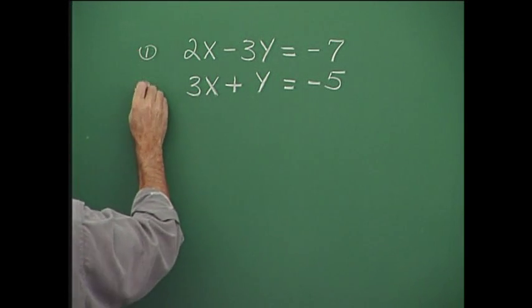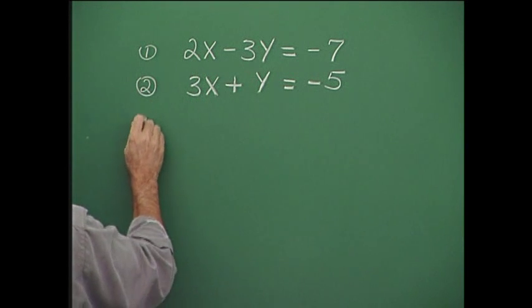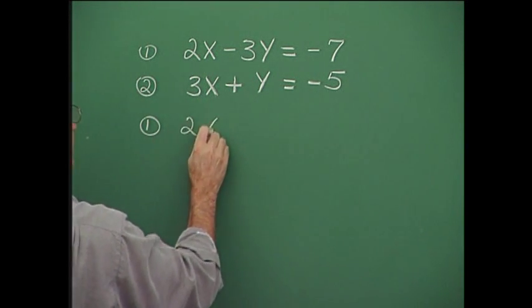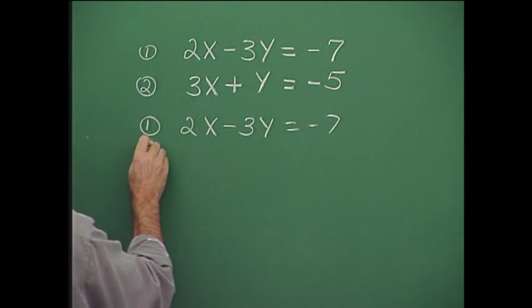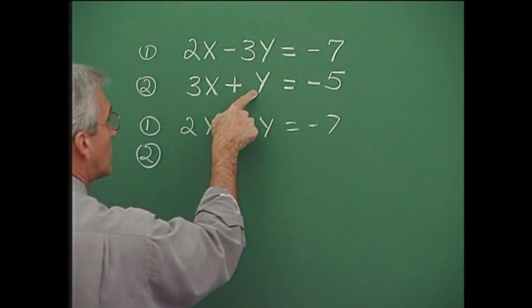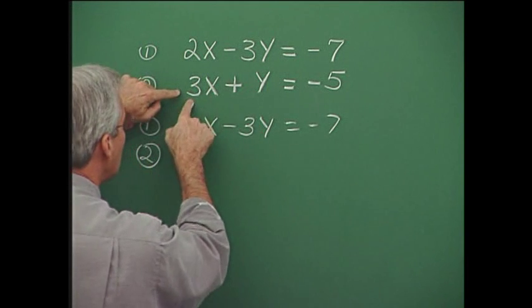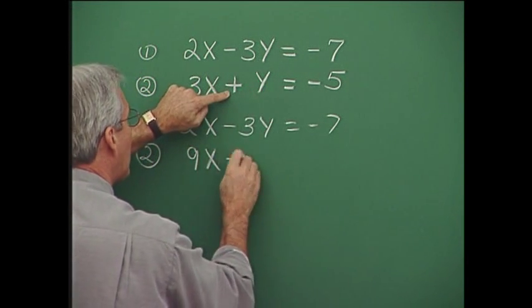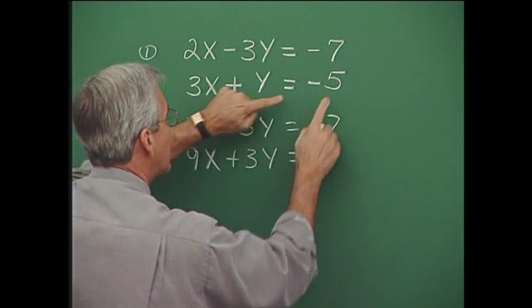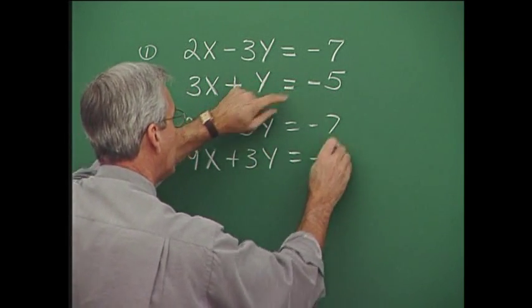So equation 1, equation 2. I'll bring down equation 1. In equation 2, I'm electing to multiply by 3. 3 times 3x, 9x. 3 times y, 3y. 3 times minus 5, minus 15.